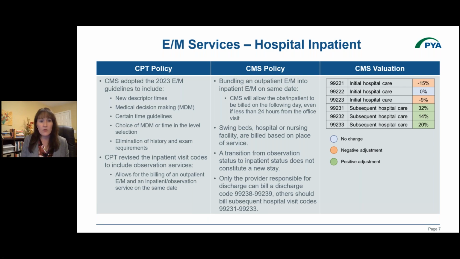So as we look to the CPT policy, CPT revised the inpatient visit codes to include observation codes, which means that the descriptor of the hospital care codes now are inclusive of observation, and the observation code set is now deleted. So now we have one code set for hospital, inpatient, and observation services.